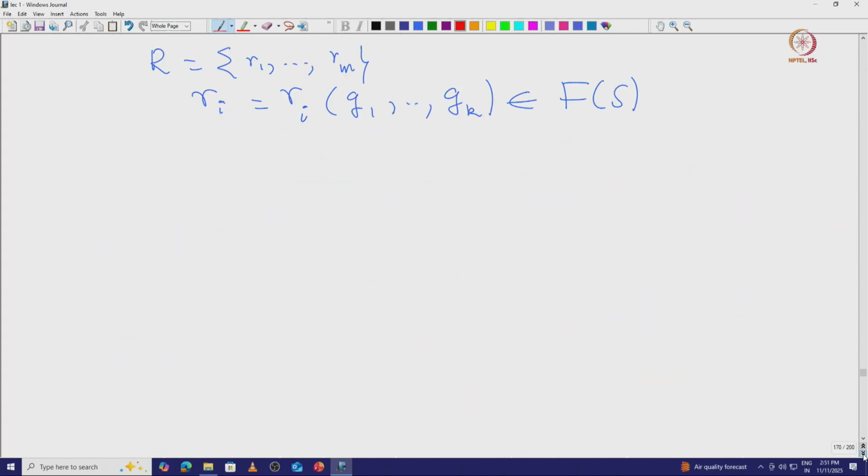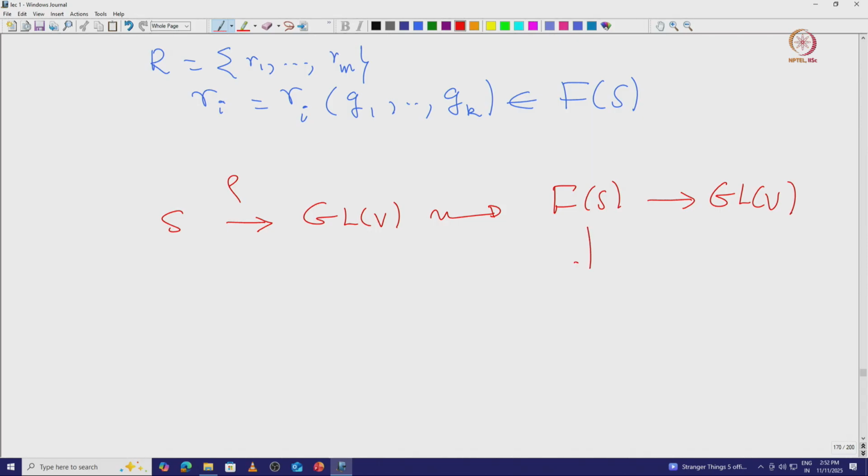Okay, so now if we go back to our original question, we started with rho, which is a map from S to GL of V, and we are interested in getting a map from G to GL of V. So, from this we immediately realize that this rho can be extended to a map from F of S to GL of V. Now, since this capital G is a quotient of this f of s with the kernel n of r, then we want this map rho to factor through from G to GL of V. So, we are interested in getting another map which we are going to call again rho.